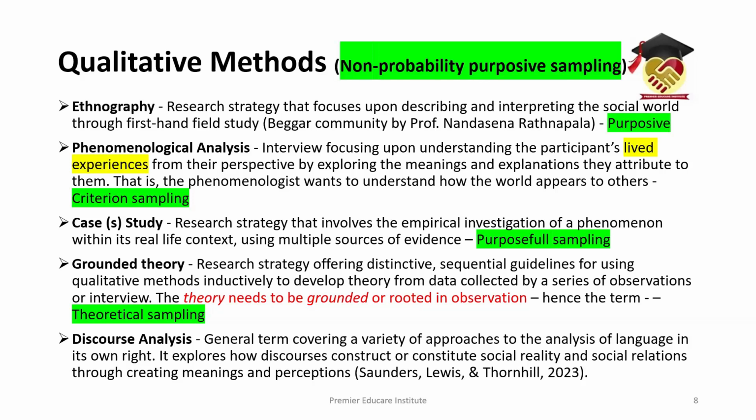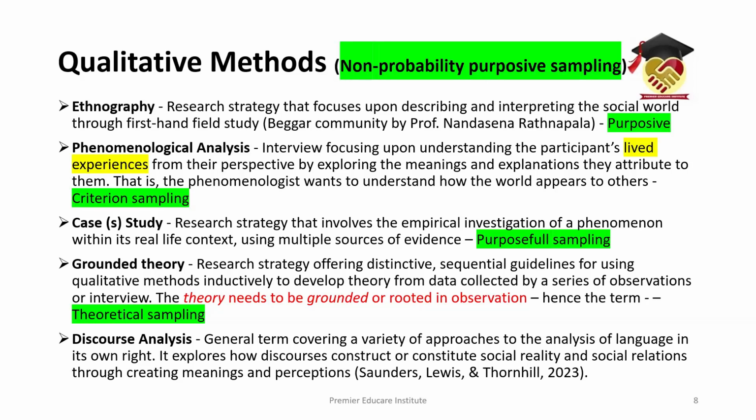For example, if you want to research buying behavior in a supermarket, you go and you are also buying while observing. This is called participatory observation. You are getting their information while you are also buying. They don't know who you are, so they will buy naturally. You're also buying, they're also buying. So that is what is called ethnography.